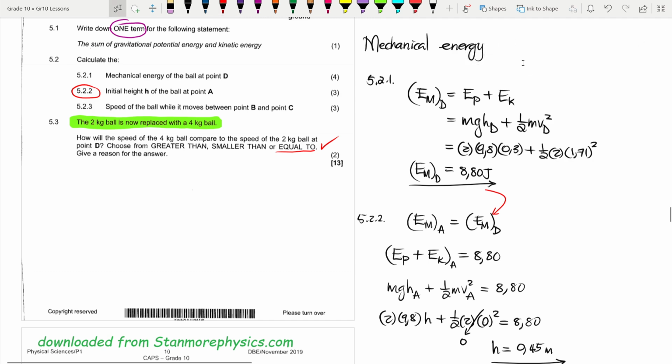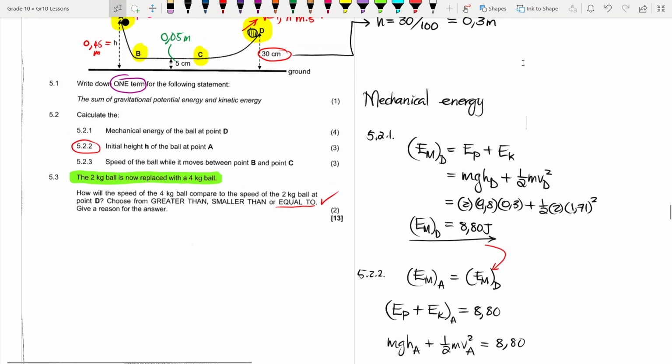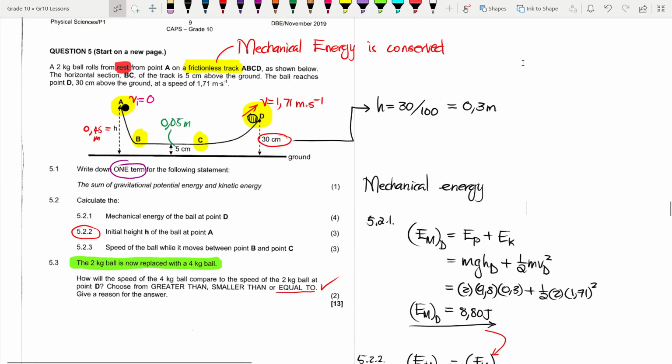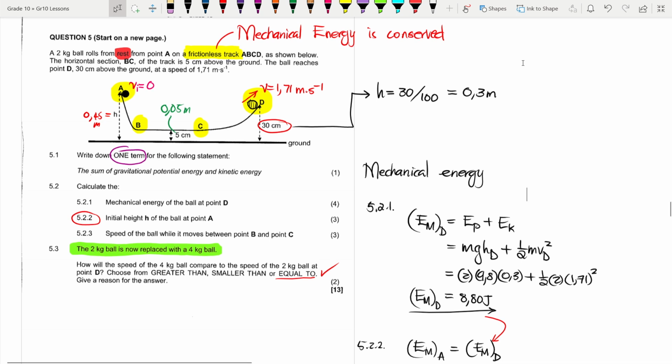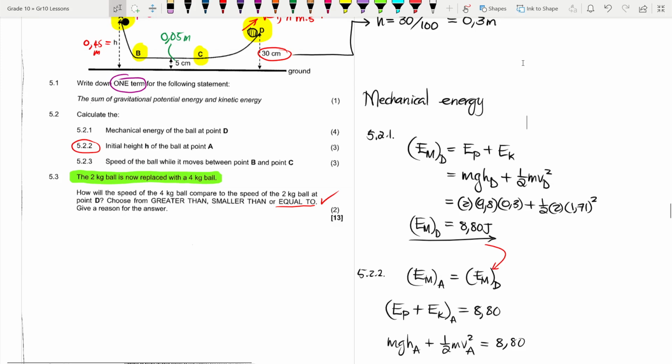Okay, all right, that was it for this question. 13 marks in total. To me, this one should be quite easy. By the way, they didn't even have to give you, oh wait, let me see. Oh yeah, they did need to give you the speed at D because we don't have the height at A. Yeah, okay, that is good.